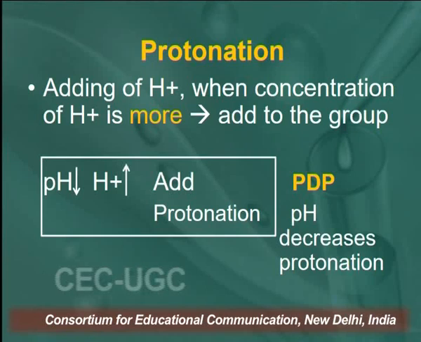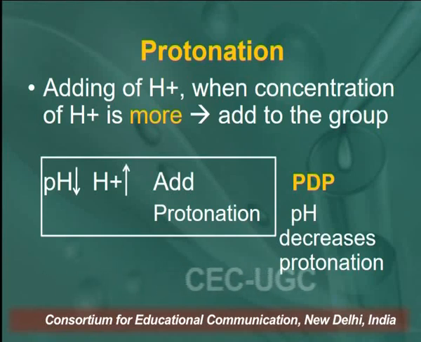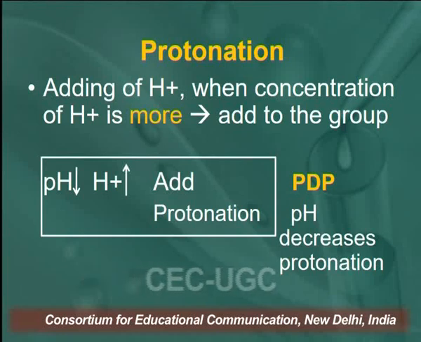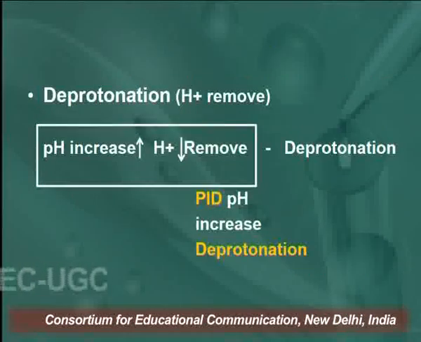And in short form for your memory, I have represented it here as PDP, that is, pH decreases, protonation takes place. So, when in a solution the pH decreases, protonation always takes place.